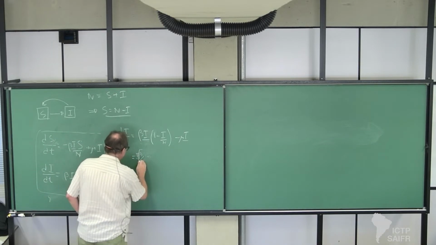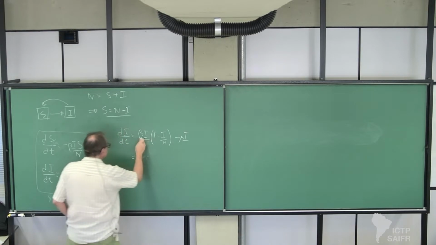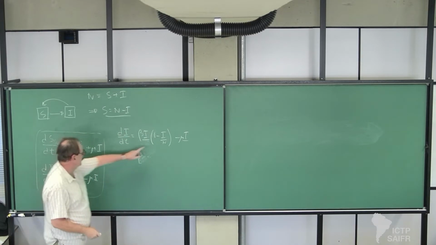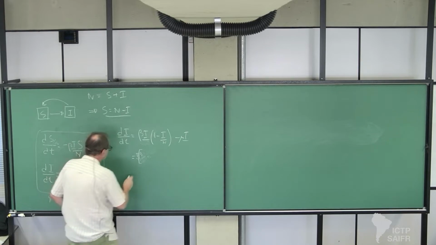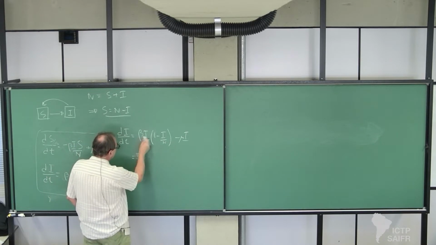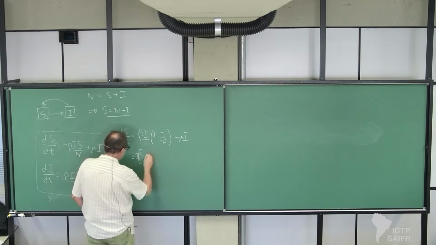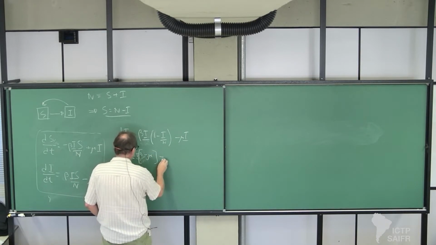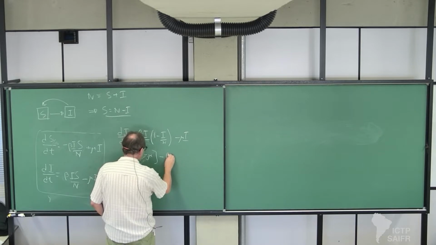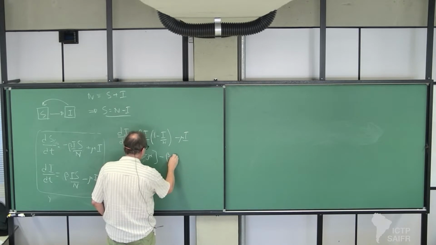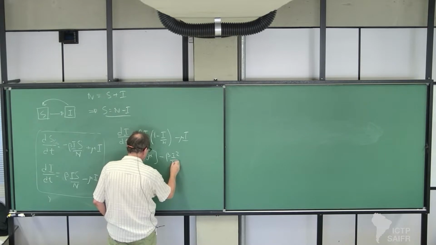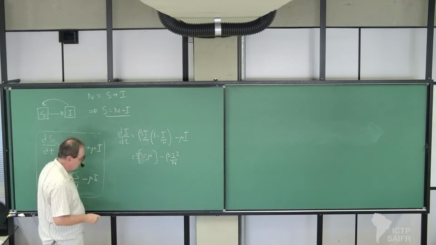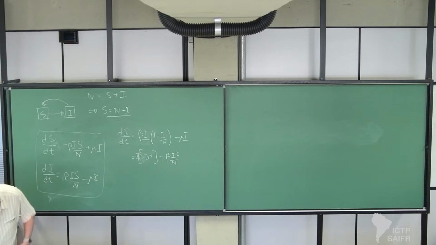Because this is I, and this is S over n. So I is multiplied by one term which is beta and the other minus gamma, minus a term which is beta I squared over n. Is it correct? Yes.